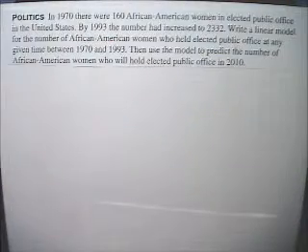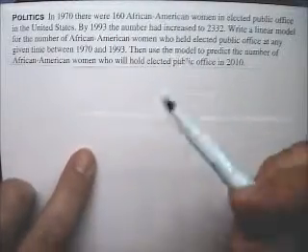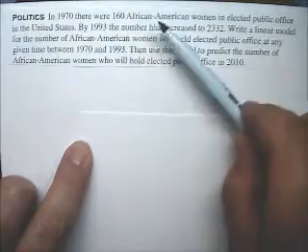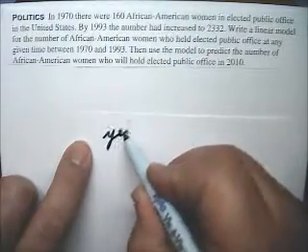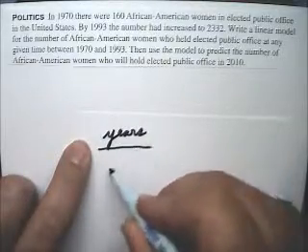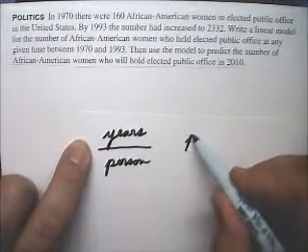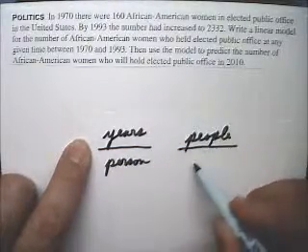And the first question that you should try to figure out is, the units of measure here are years and people. So are we interested in years per person, or are we interested in the number of people per year?